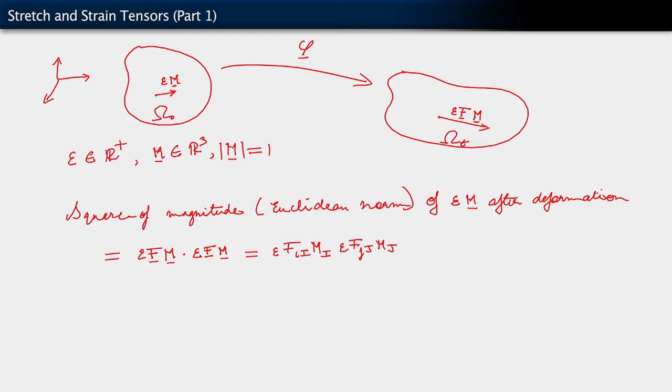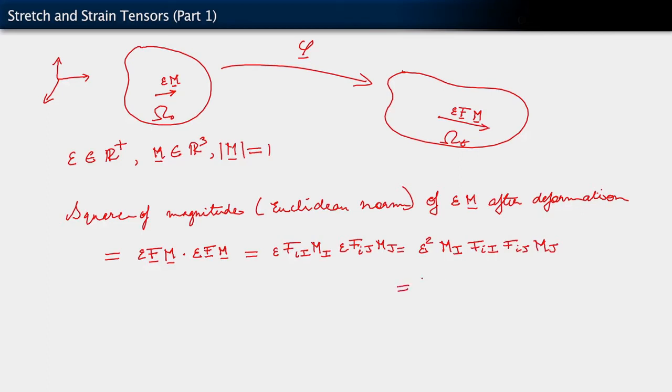Now we can work this thing out, and actually I see that I made a small error here, so let me just correct it right away. I should have I here. We can rearrange this now by pulling out the scalars, epsilon squared, and I'm going to write this as m_I F_iI F_iJ m_J.